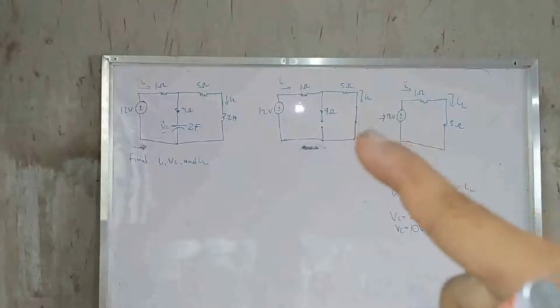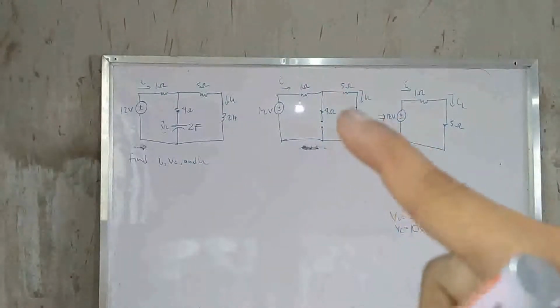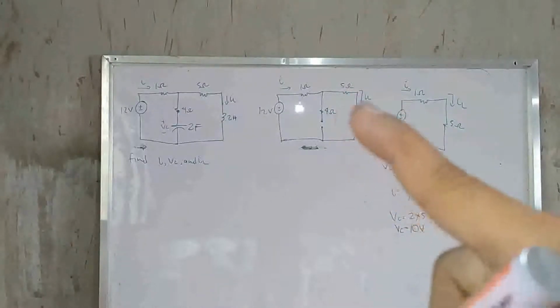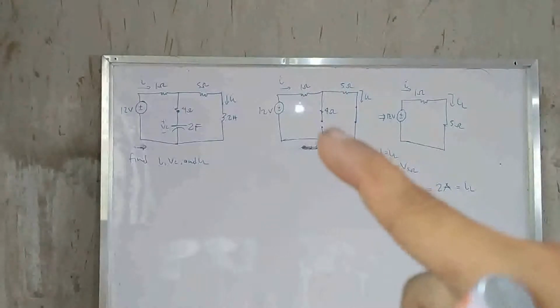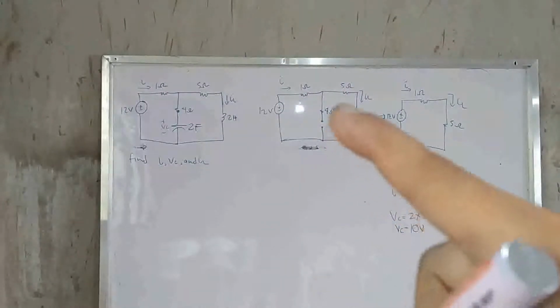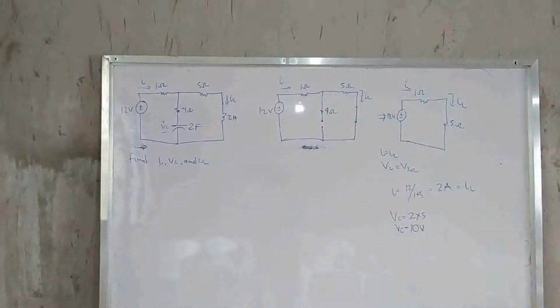And since this is in parallel with this one, whatever the voltage of the 5 ohms is, that is also the voltage of our capacitor. That is because the 4 ohms has no voltage. Why? Because no current flows there, again.